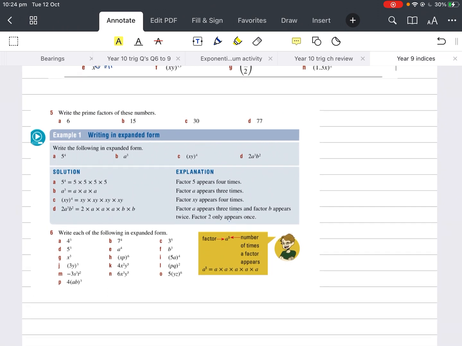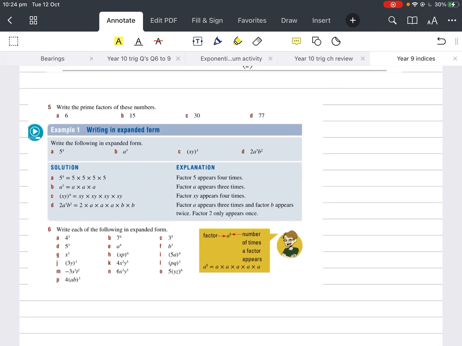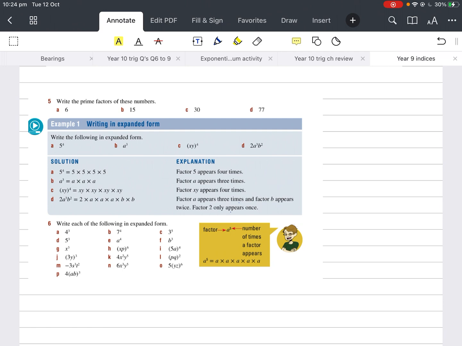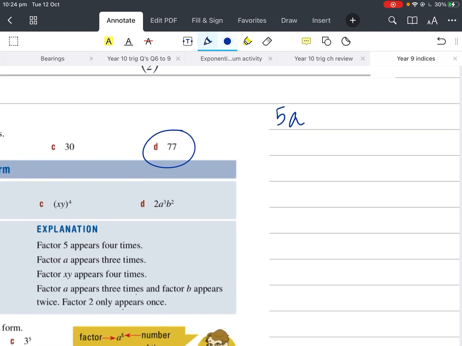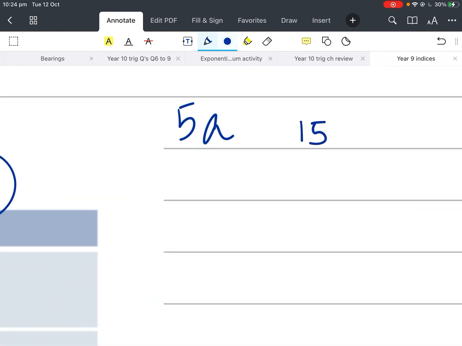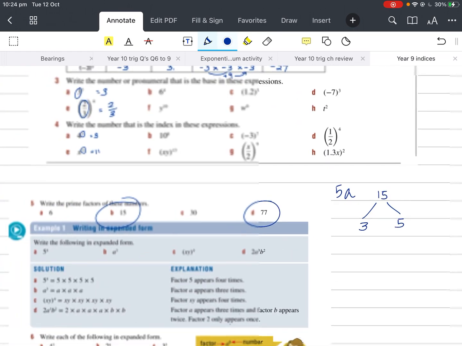Okay, so 6. I'm only going to do, I might do this one. And then I might do, no, I might leave you to do 30 and then I'll do 77. Alright, so here we go. Let's do 5 over here. So 5A is 15. So you start with 15 and you put your little arrows going down and you say to yourself, what times what gives me 15? 3 times 5 gives me 15.